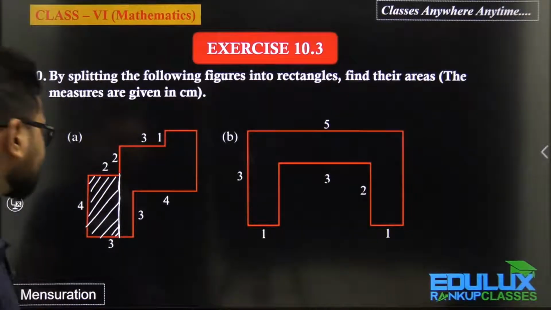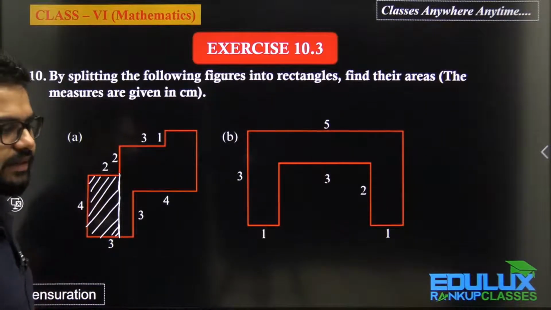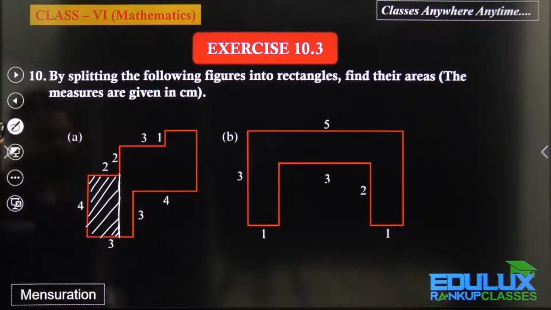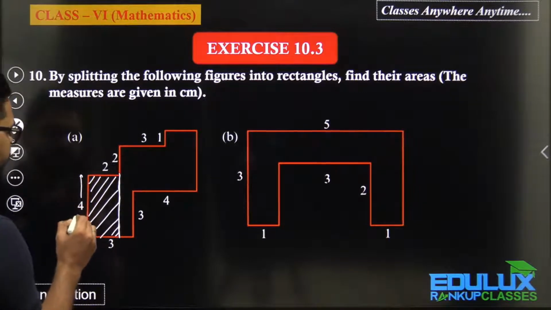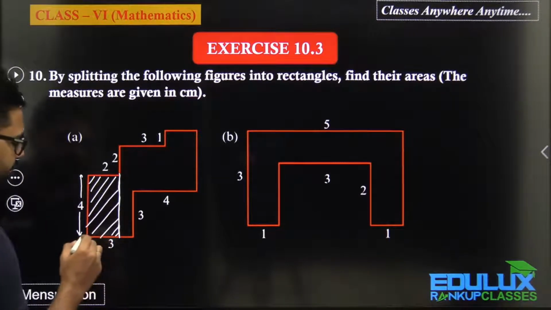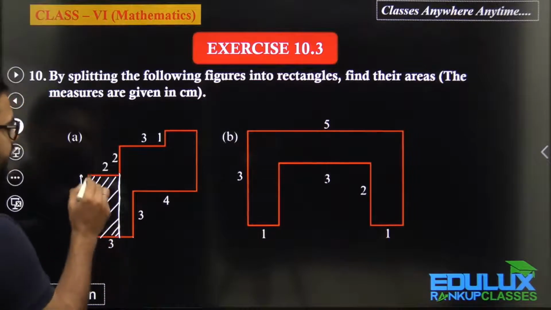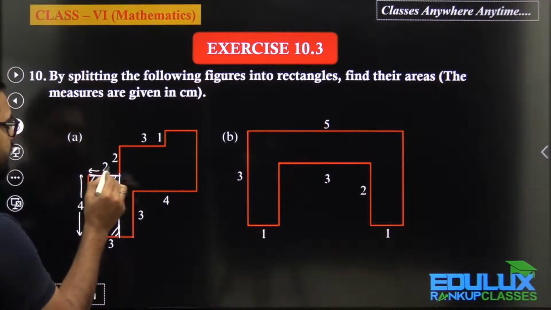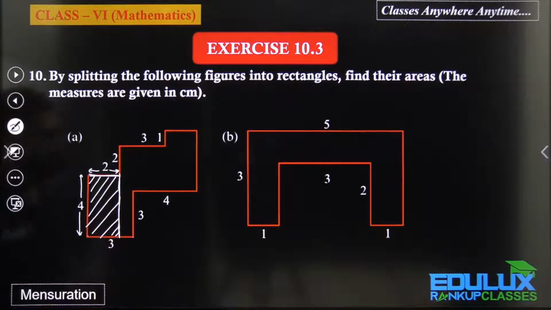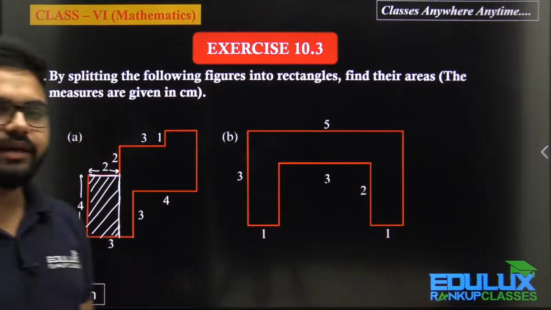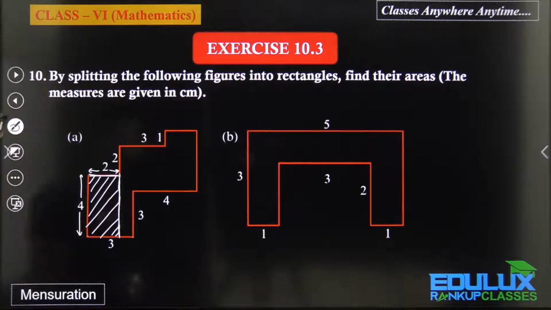Clearly you can see, guys, this is a rectangle, and in this rectangle this side is given already as equal to 4 and this complete side is 3, but this portion that we are going to have for this rectangle is just only 2 centimeters. So we have got the dimensions for this rectangle that I have drawn and shaded in white color.